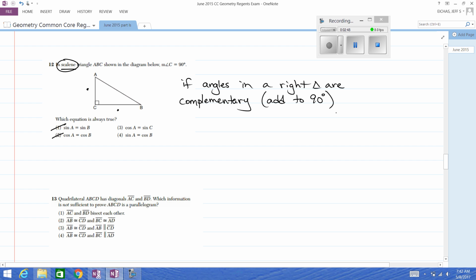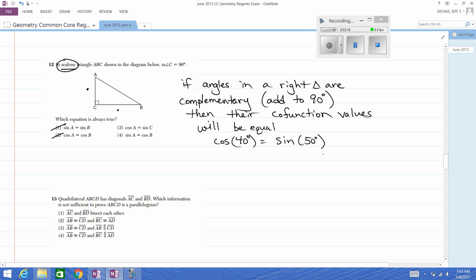If that's the case, which is true for A and B, what we'll have then is their cofunction values will be equal. So basically you're looking at something like this. Cos of 40 degrees would be the same as sine of 50. So that type of idea.